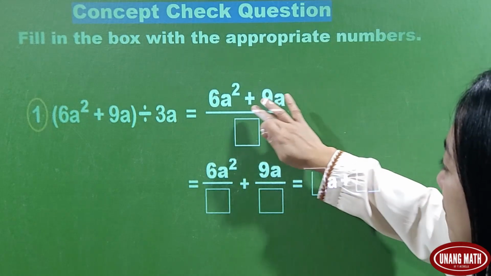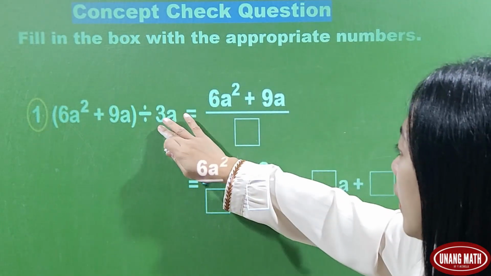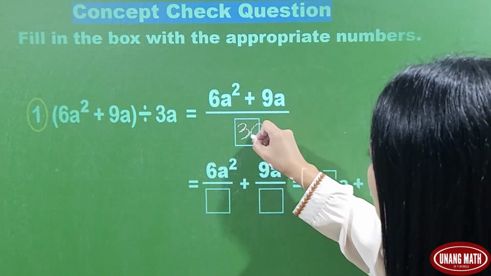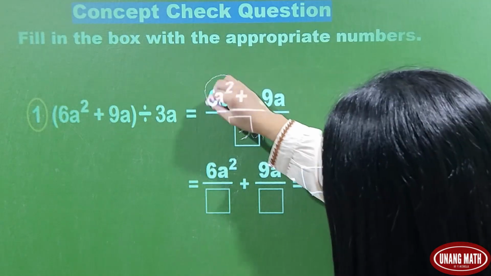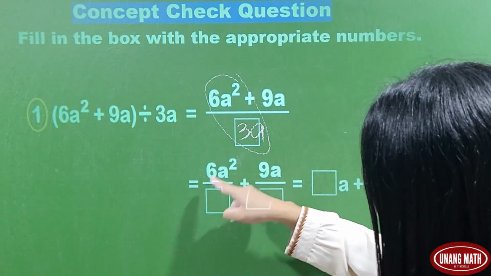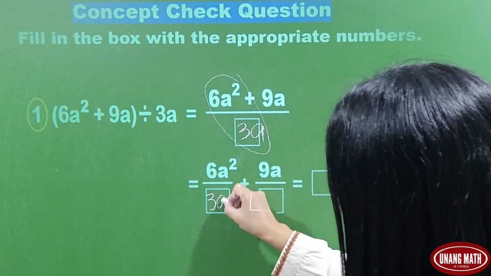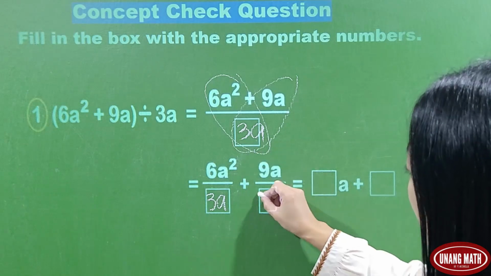So it means that 6a squared plus 9a is our numerator and our denominator is 3a. Now, this is just the same as writing 6a squared over 3a plus 9a over 3a.